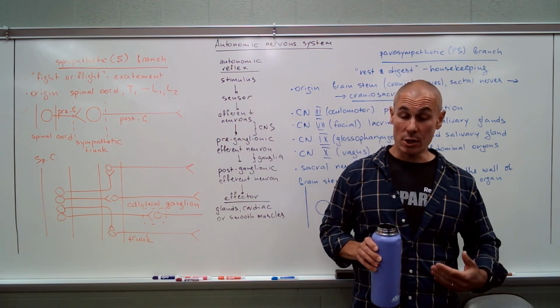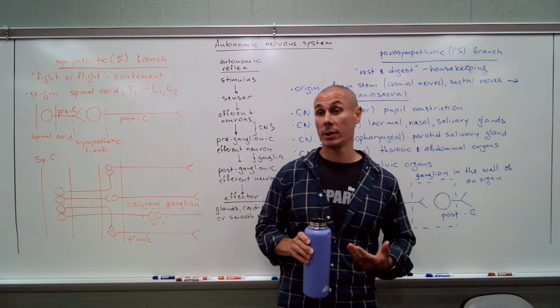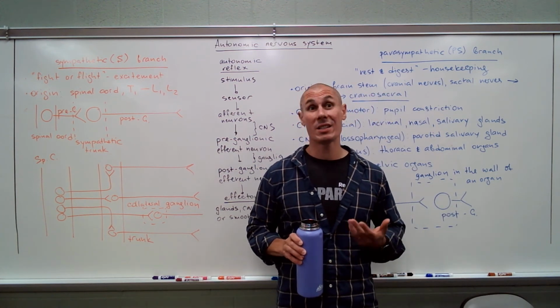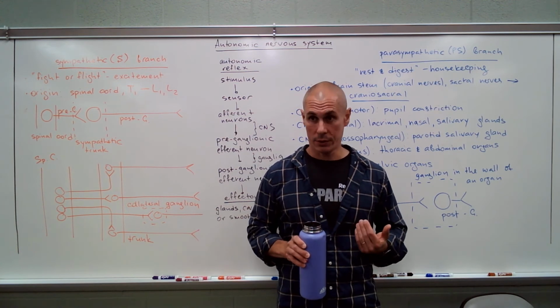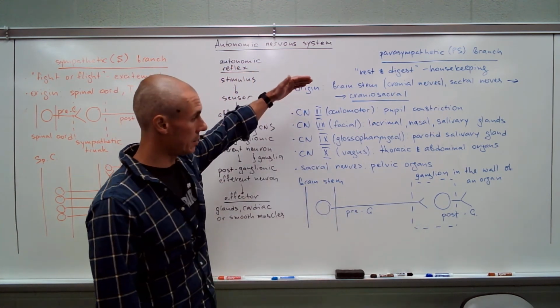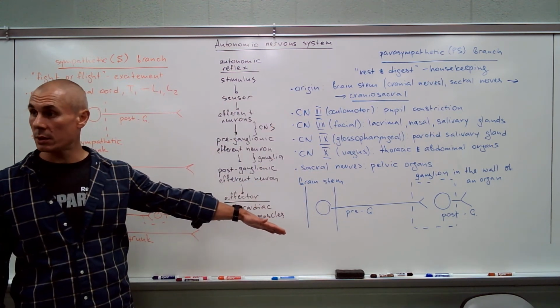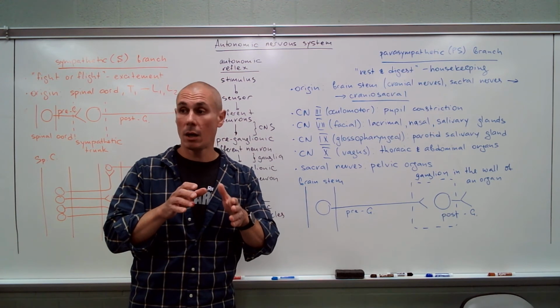Now, I know it's boring. The question that should pop up in your mind is, why does it matter? Functionally, it does. If you look at the organization of the parasympathetic system, it is very, how to say, targeted.